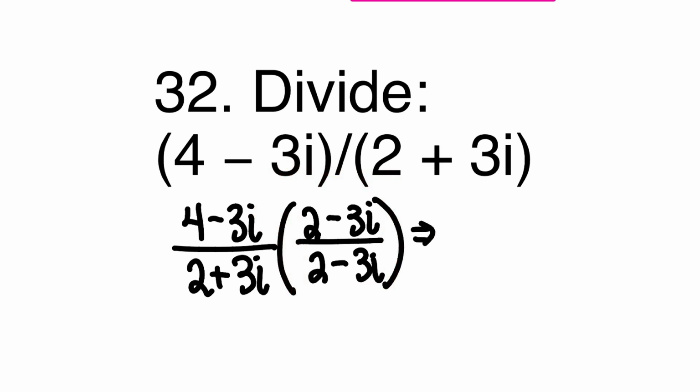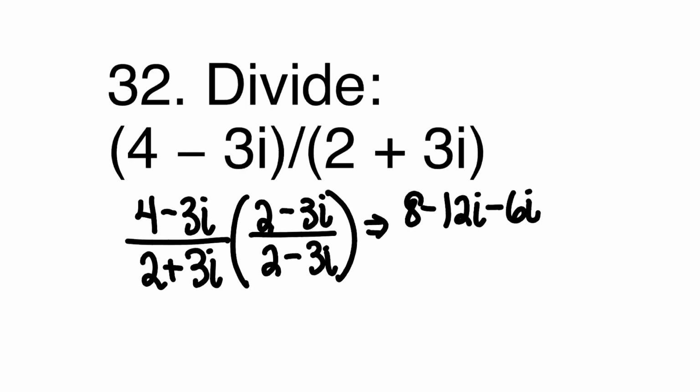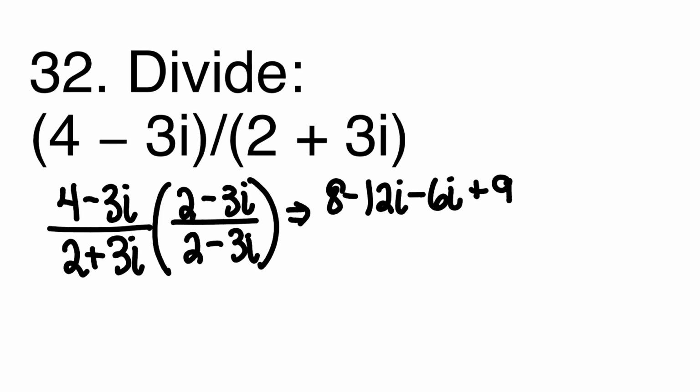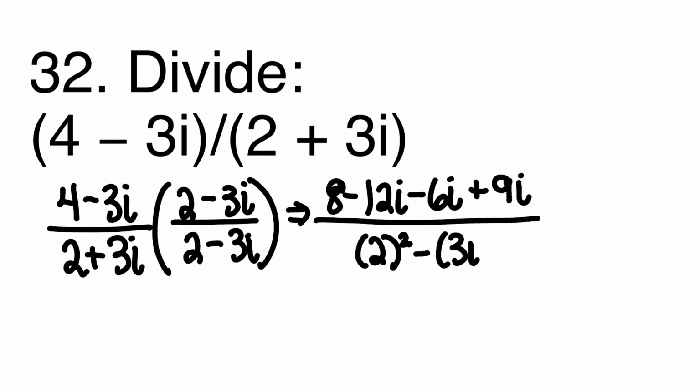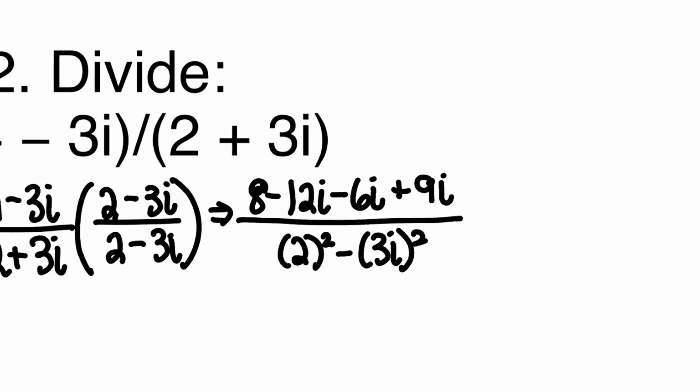So we're going to FOIL the numerator, and that's going to be 8 minus 12i minus 6i plus 9i squared. And as I mentioned before, our denominator will always FOIL to a difference of squares. So we have 2 squared minus 3i squared.